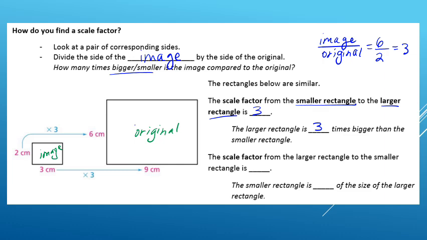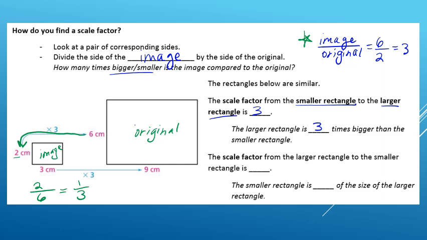Now my original is 6, and I'm going to 2. So if I take my image, just like I said up here, and I divide by my original, 6, right? So I have 2 as the image divided by 6, the original. I get 1/3 when I simplify it.